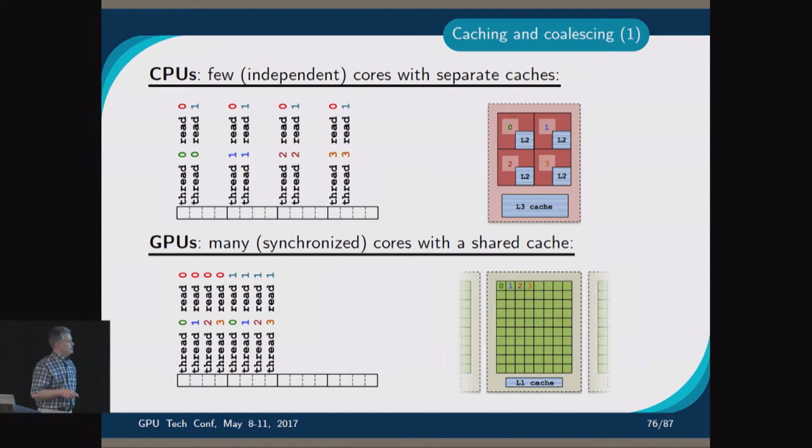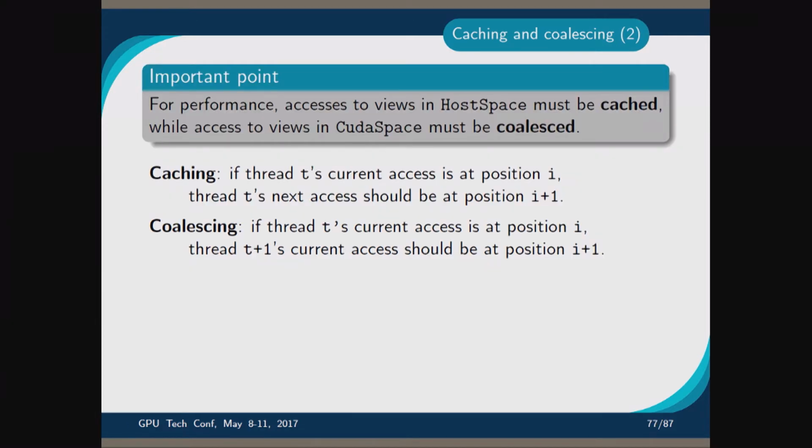The GPU is a different matter. Since the threads work in lockstep together, let's say we have a 4 wide warp for the sake of argument. We want the 4 wide warp to be working on adjacent locations to get the proper memory access pattern. This is the caching notion: if thread 1 works on a current position I, then we want the very next access instruction to be at I plus 1, so we can reuse that cache line it worked so hard to get down from memory into its core.